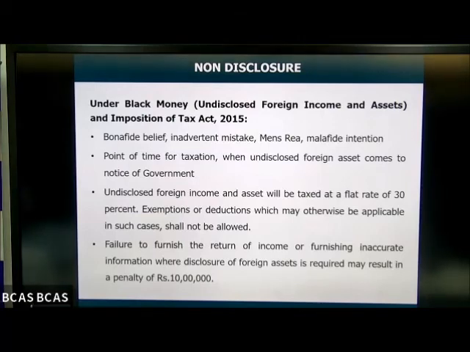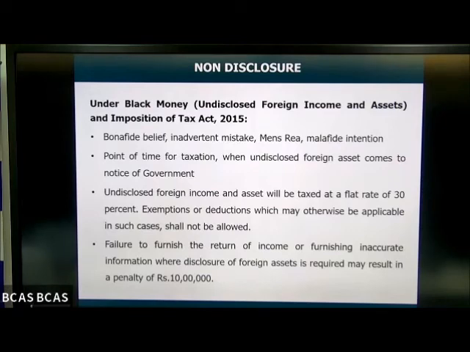The point of time for taxation, when an undisclosed foreign asset comes to the notice of the government, is the point when the government comes to know about the foreign asset. So it does not go back to the year in which you acquired that asset, or you are found to have become the owner of that asset. The point of taxation would be the point when the information comes into the possession of the government.